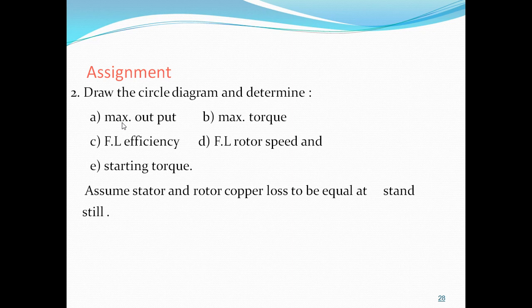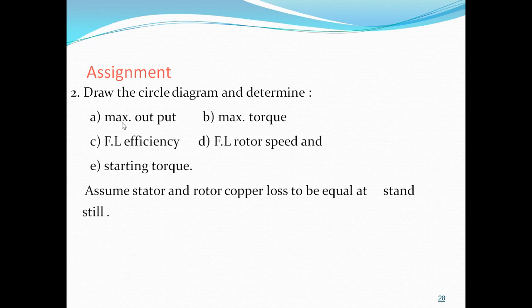ISN is equal to ISC into V1 by VSC. So you can get ISN, and by taking a proper current scale, you can assume that 1 centimeter is equal to 5 amps or 1 centimeter is equal to 10 amps.